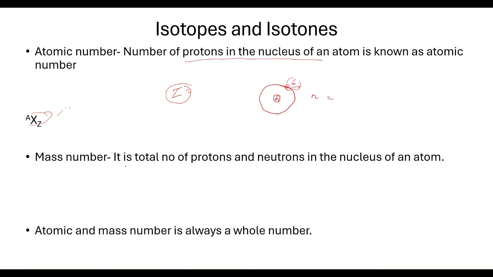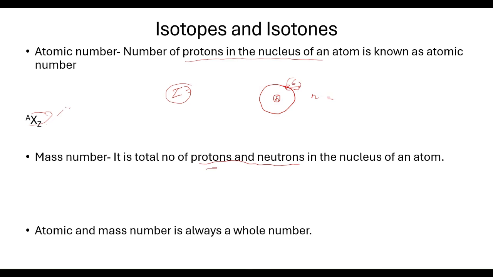Similarly, what is mass number? So it is the total number of protons and neutrons in the nucleus of an atom. Why not electron? Because electron, of course, can gain and lose electrons.